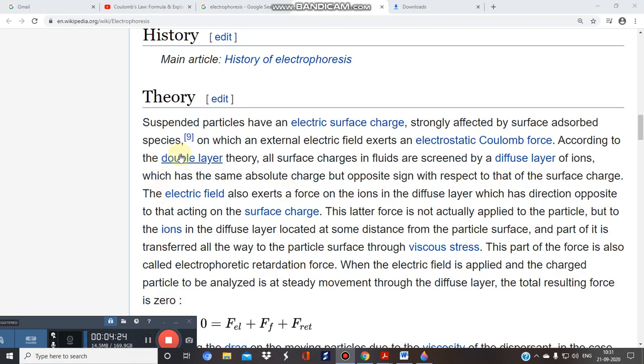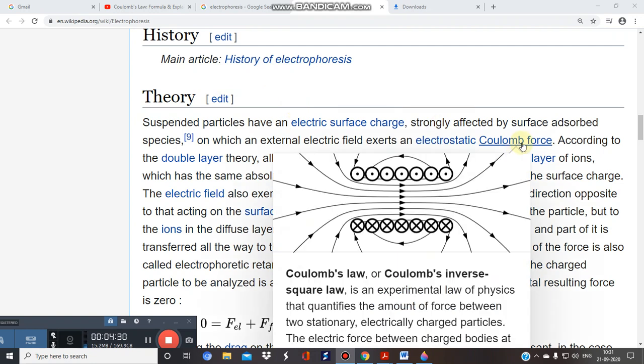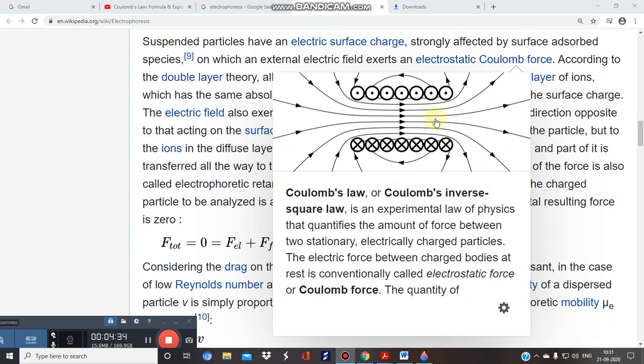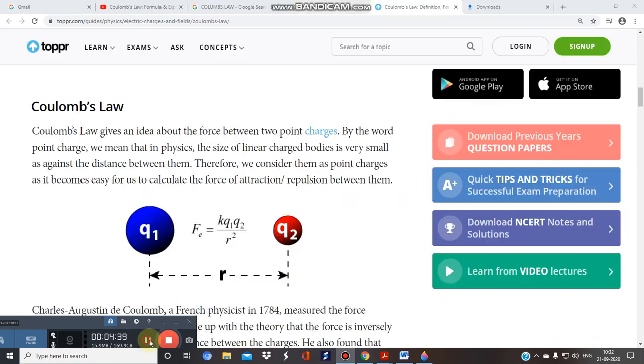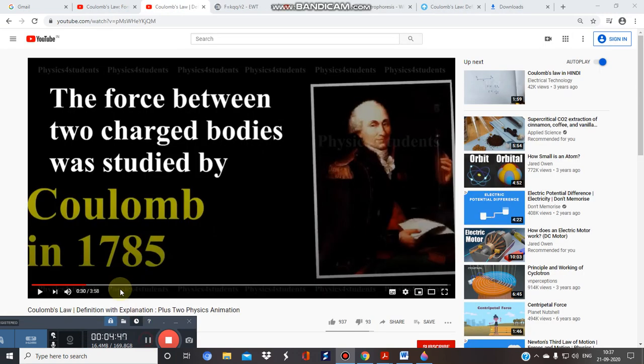Before going deeper into electrophoresis, let us first understand the basic principle of Coulomb. Coulomb's law will help us understand the concept of electrophoresis. What is the utility of Coulomb's law? It gives us an idea about the force between two point charges.